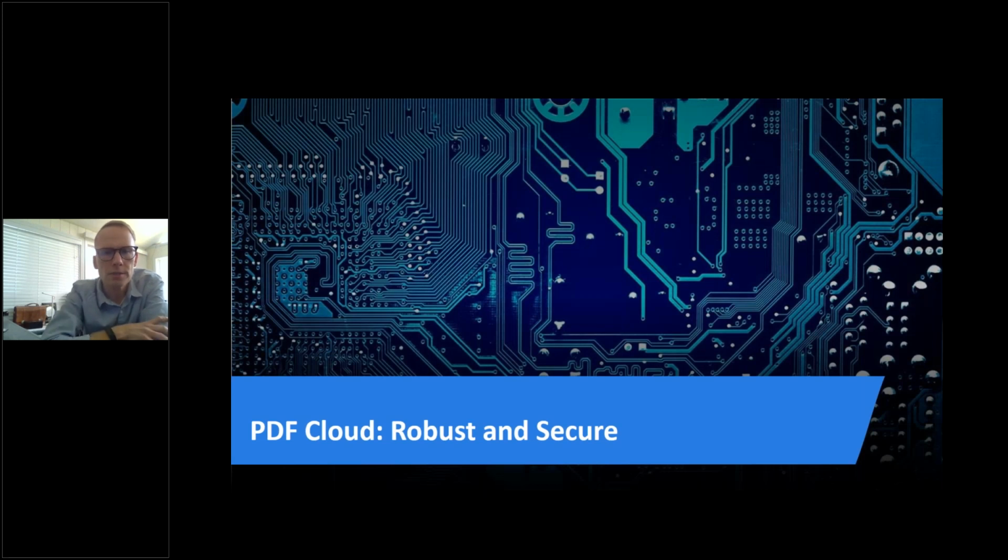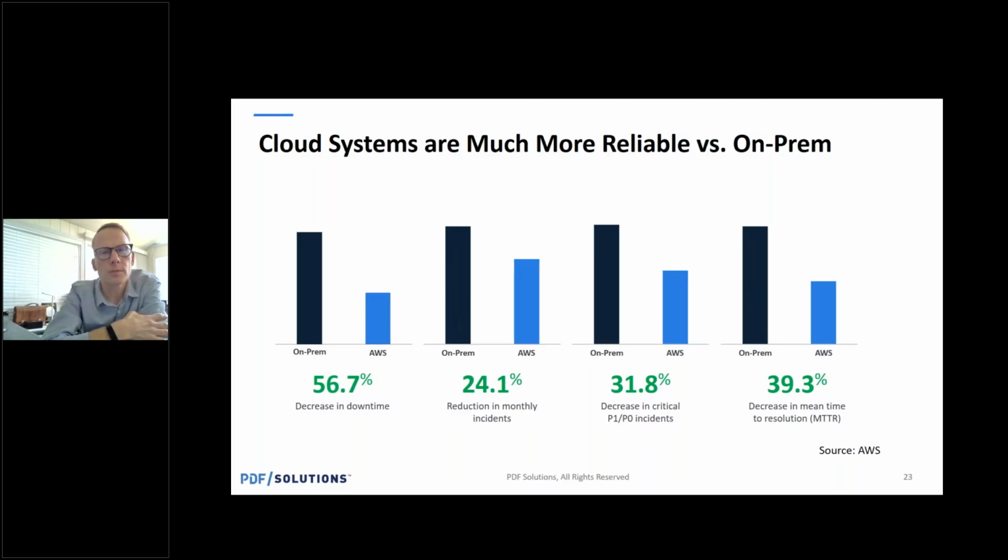All right, let's spend a moment and talk about what PDF is doing to keep our customers' data and information safe, secure, and always available. So here's data provided by the lead cloud provider, Amazon, which backs up what we see in the field as well, which is cloud is measurably superior to what is possible in traditional data centers.